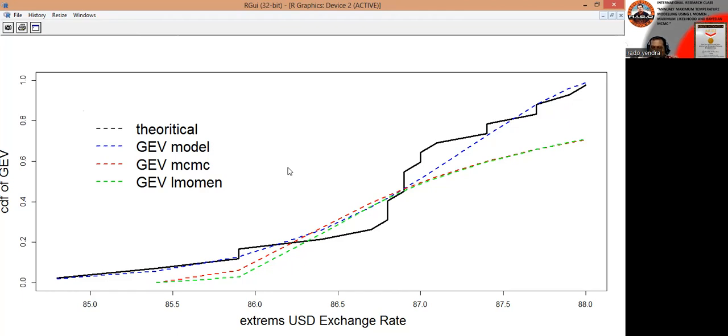We believe that maximum likelihood is the best way to estimate parameters when we compare with the Bayesian Markov chain Monte Carlo and the Lmomen techniques.